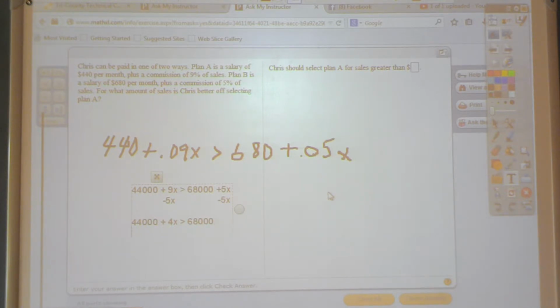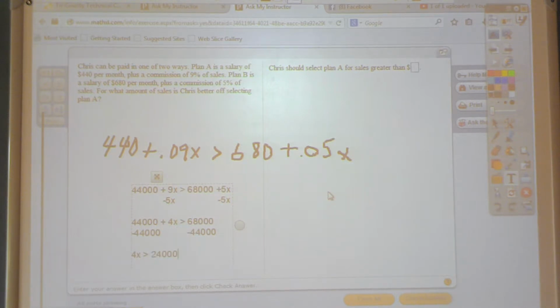Now we're gonna get the negative 44,000 out of the way. And negative 44,000 on both sides. And that's gonna leave us with 4x is greater than, well, 68 minus 44 is 24.